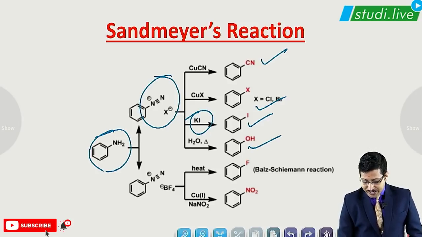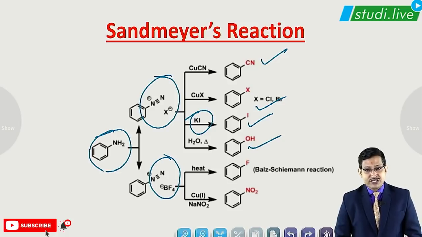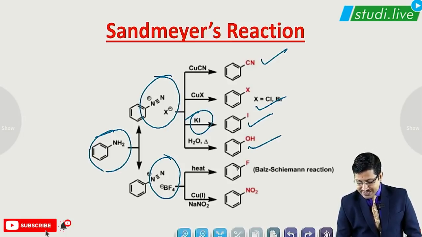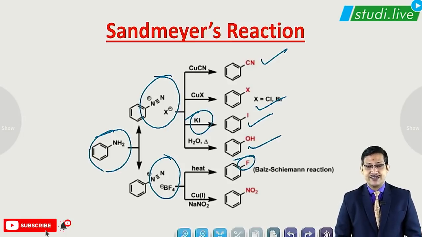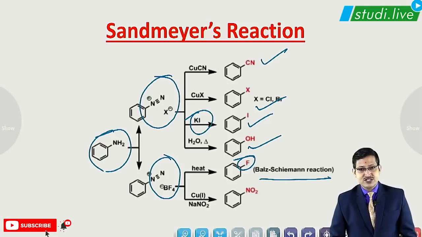The next reaction is when it reacts with fluoroborate. So benzene ring with N2BF4 minus, benzene diazonium fluoroborate, gives you benzene ring with F, and this is again a new term, Balz-Schiemann reaction. So within Sandmeyer's reaction, you also have Balz-Schiemann reaction when it is for fluorine.